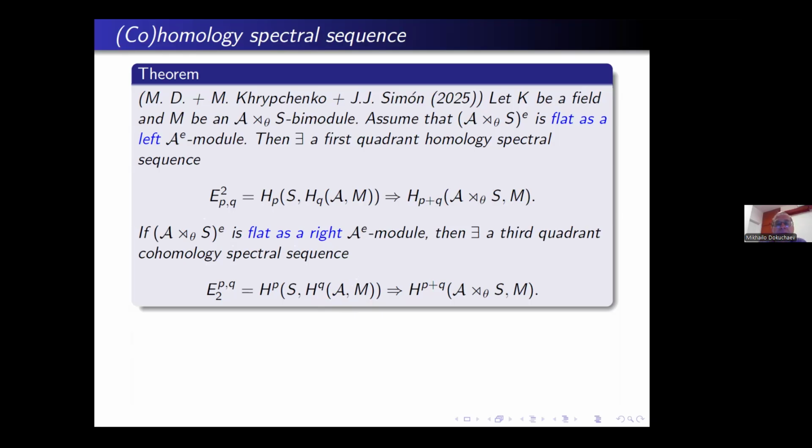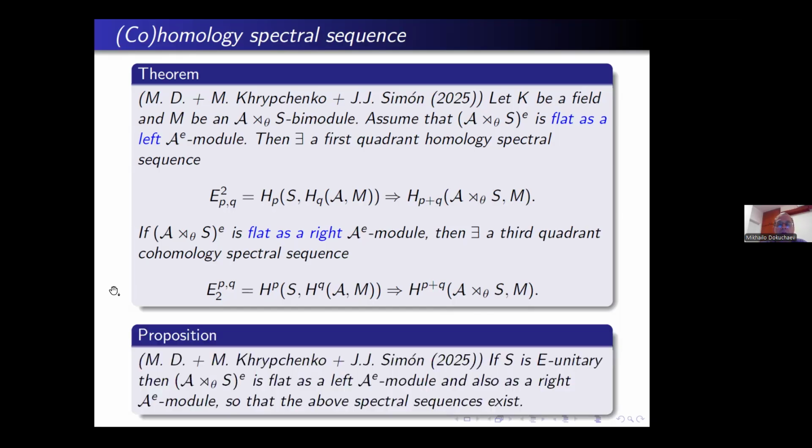But in order to identify it with Hochschild cohomology, we need this flatness condition. And then we have a third quadrant cohomology spectral sequence converging to the Hochschild cohomology of the cross product with values in M. So it involves the cohomology of S with values in the Hochschild cohomology of A with values in M. One question, comment.